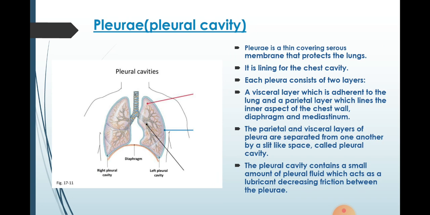The parietal and visceral layers of the pleura are separated from one another by a slit-like space, which is called the pleural cavity. The pleural cavity contains a small amount of pleural fluid, which acts as a lubricant, reducing friction between the pleura.